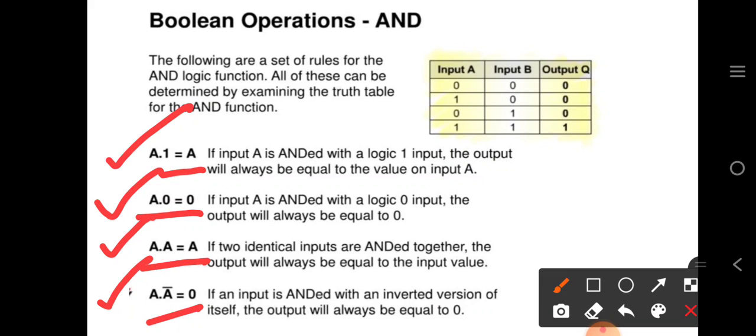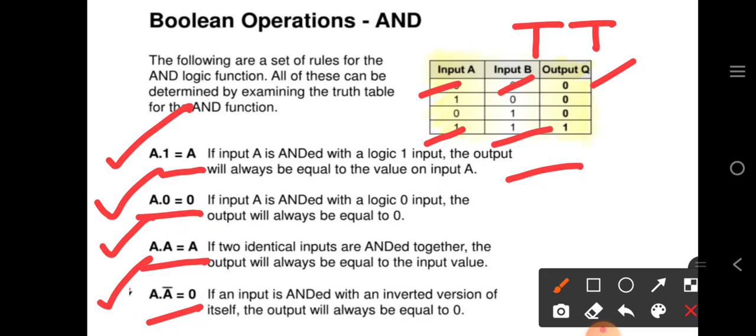Now the first case says, if input A is ANDed with a logic 1 input, the output will always be equal to the value on input A. This truth table is simply that of the AND gate: if both the inputs are 0, the output will be 0.